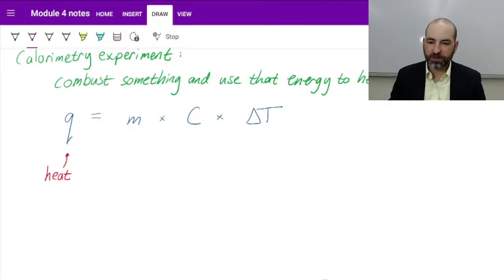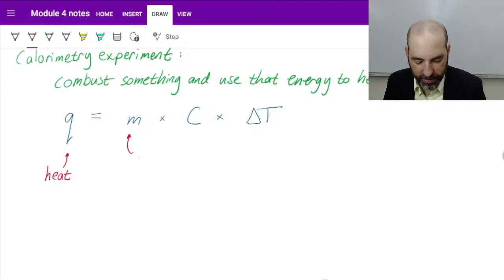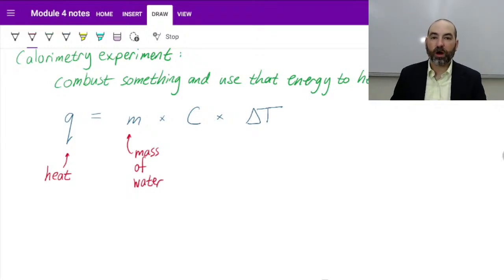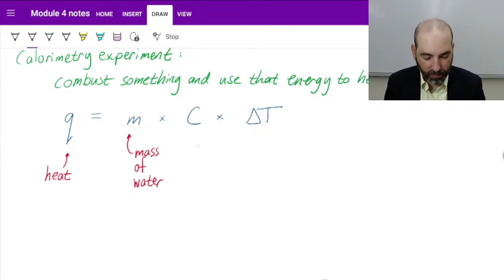And H is already used for some other stuff, as are letters that mean heat in other languages, so it ends up being Q. M is the mass of water. So how much water are you heating up? C is the heat capacity of water. So when you heat up the water, how much energy does it take to raise it 1 degree?